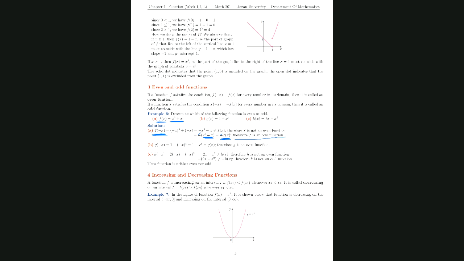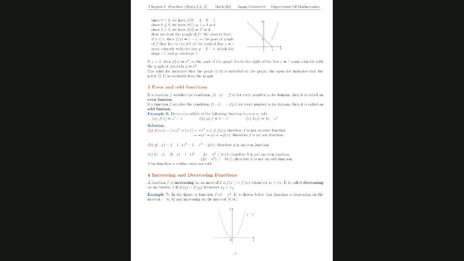Yes, now come to this question, number b: g(x) is 1 minus x to the power 4. So replace every x with minus x: g of minus x equals 1 minus minus x to the power 4, and minus x to the power 4 is x to the power 4. So it is 1 minus x to the power 4, the same function.